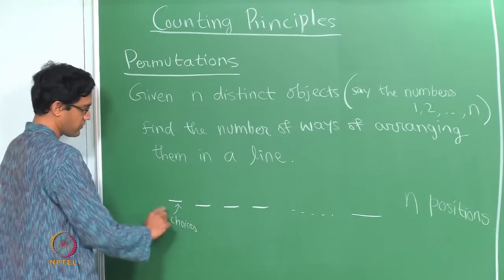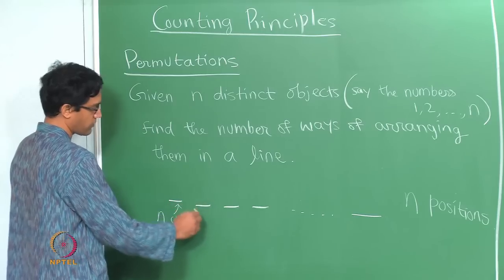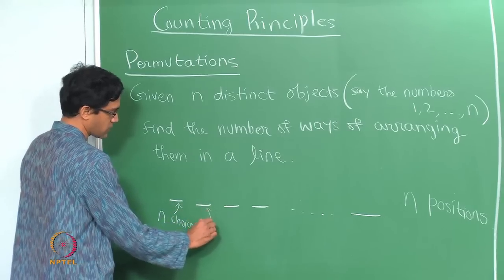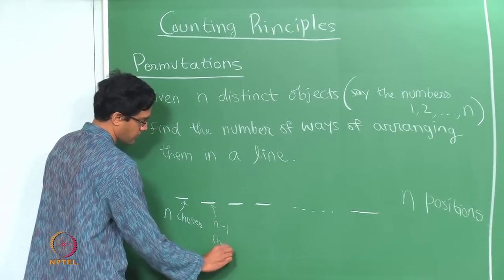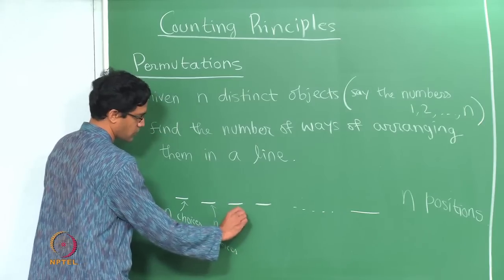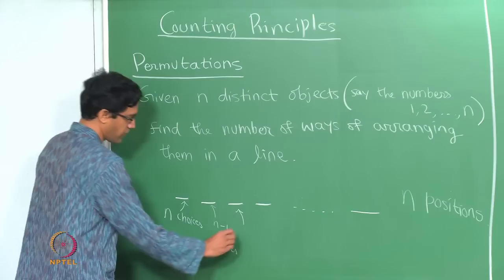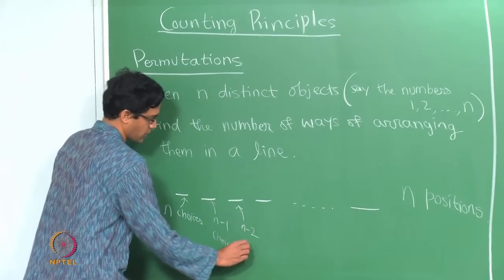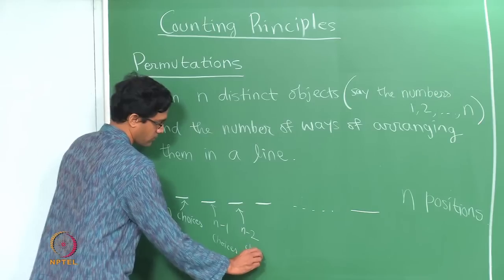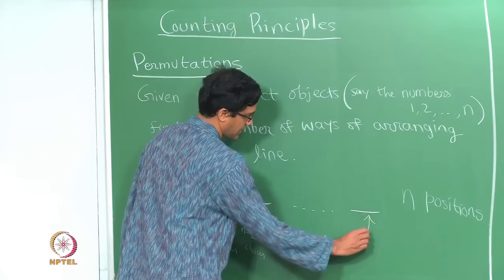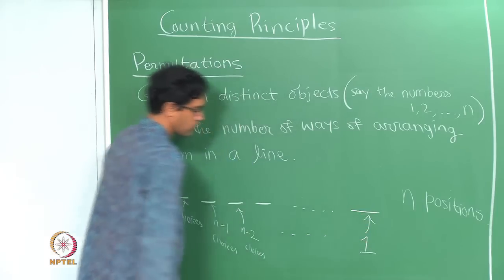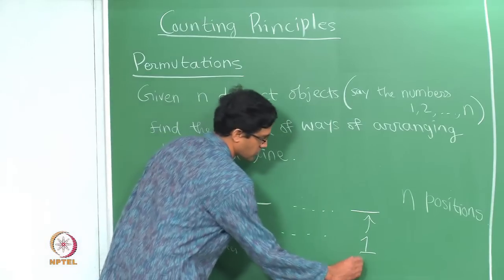Having filled the first position, for the second one there are n minus 1 remaining choices. With the first two filled, there are n minus 2 remaining choices for the third position, and so on, till when you finally get to the very last position, you are more or less forced to pick the object that's left. So there's only one choice remaining.